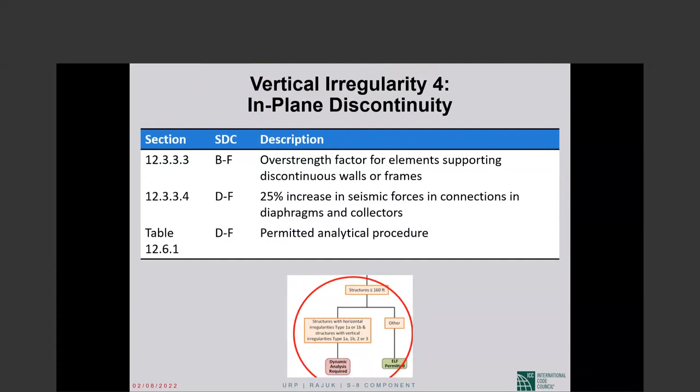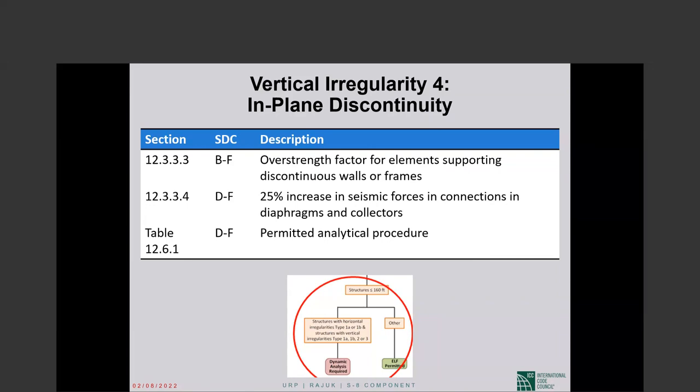If you have type 4, then the ASCE 7 provisions that are triggered are the overstrength factor for elements supporting discontinuous walls or frames. That is a very important requirement. Then a 25% increase in seismic forces in connections in diaphragms and collectors.